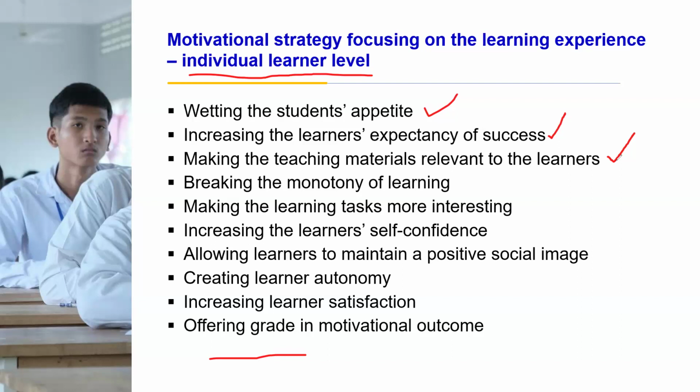The next one is about breaking the monotony of learning. This part mentions that the teacher should not use only one kind of material in a classroom, because learners may learn differently, in different ways. So they encourage teachers to use various techniques to help learners achieve in their learning.